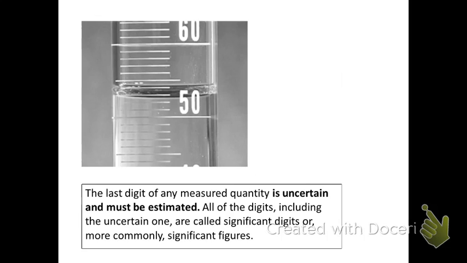Alright, here we have another graduated cylinder. Go ahead and pause the lecture here and see if you can determine what the measurement of the liquid volume in the graduated cylinder is.